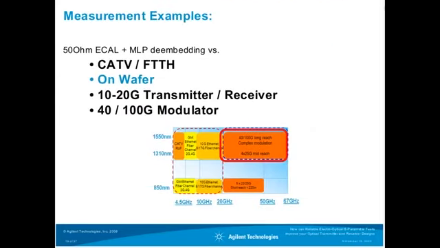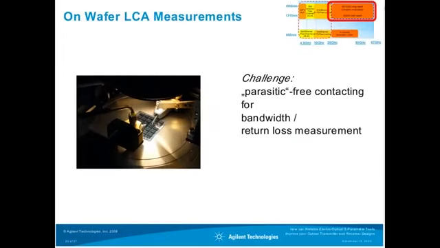Now, let me move on to another example where you really need to de-embed the connection to the device under test. On LCA measurements of on-wafer components, the challenge is really to be able to contact the device under test parasitic-free.